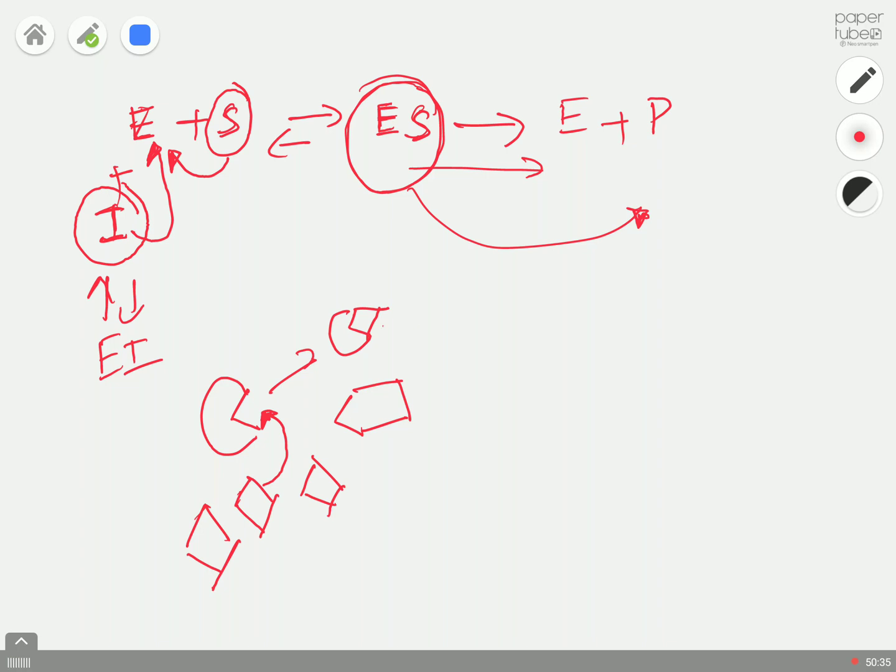Obviously this is going to dissociate back, and then at some instant your one substrate may attach to this free enzyme, and then you will get an enzyme substrate complex.